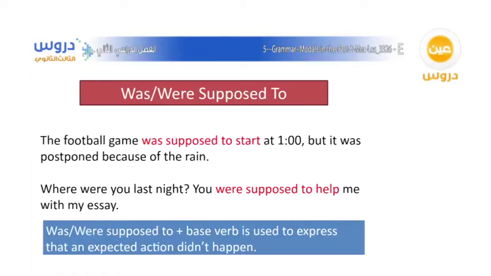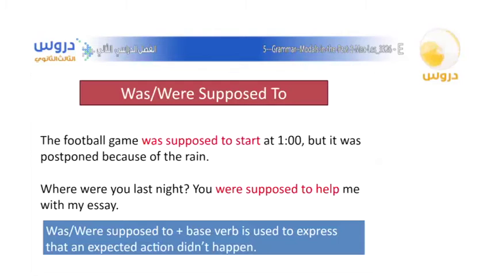It says the football game was supposed to. Where's the subject pronoun? Do you know where the subject pronoun is in the first example? The football game was supposed to start at 1. Yeah, we're talking about the football game, and the subject pronoun that stands for football game is it, right?